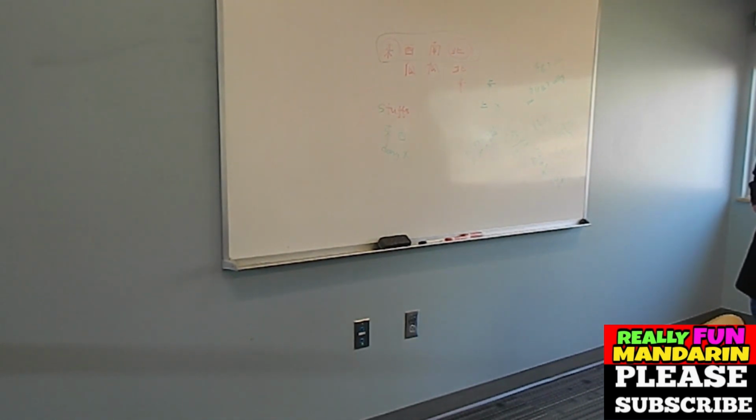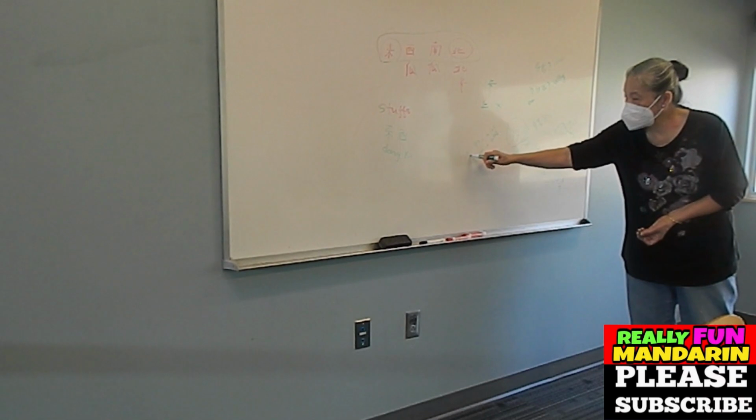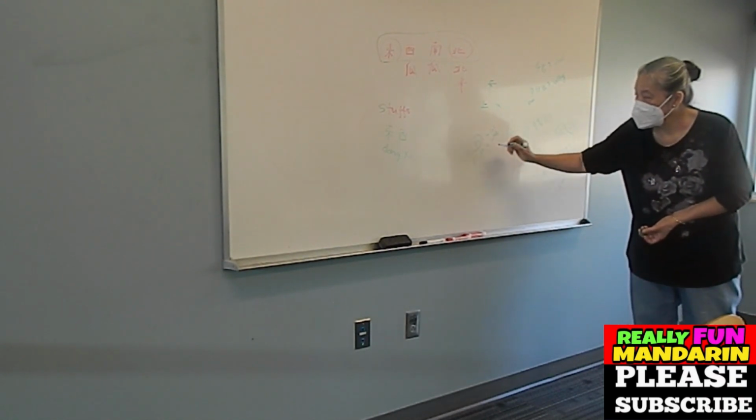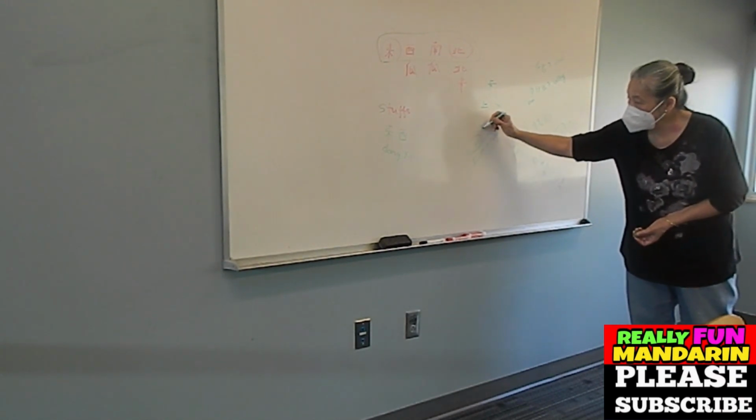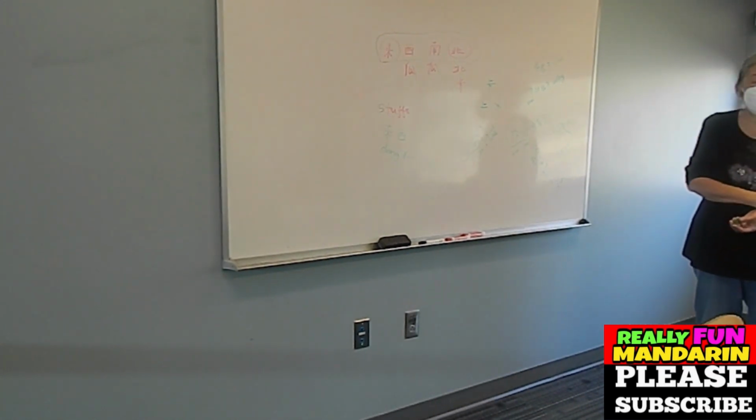Start from beginning. 你给我, you give me. 你给我, your, 你的. But in this case, you have to add one le, which has no meaning. Okay. 你给我你的饭太多了, that means it's too much. Or you give me your rice too little.